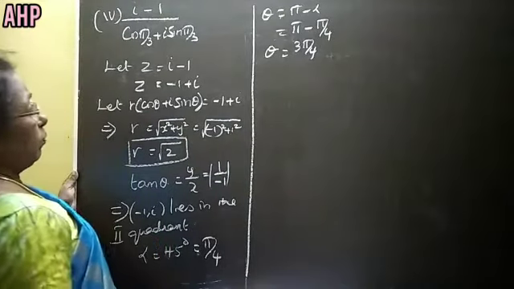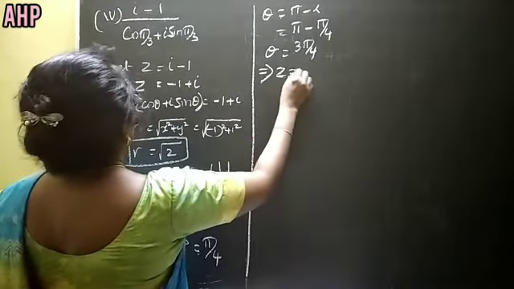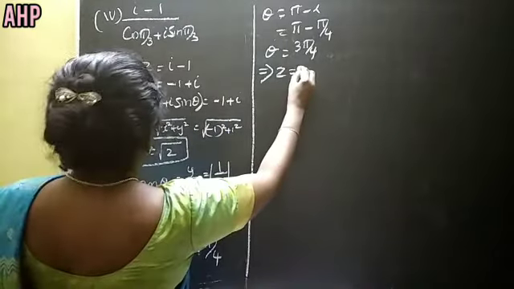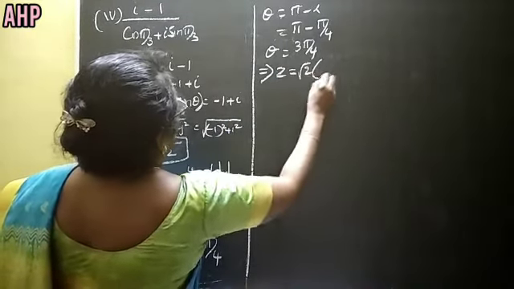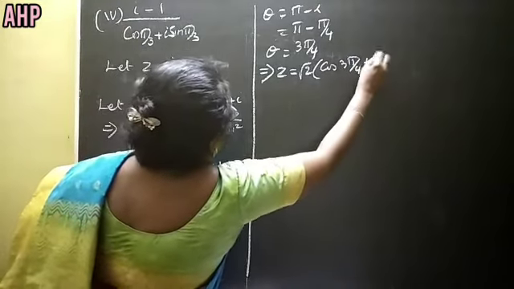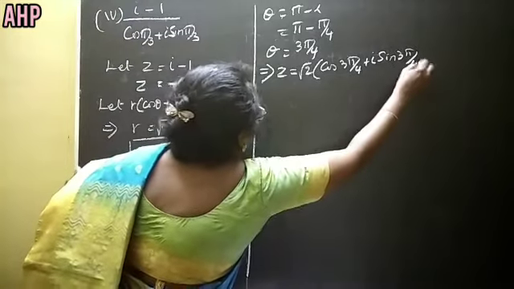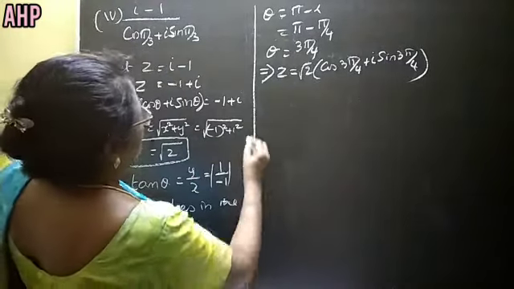Theta is equal to 3 pi by 4. So this implies Z is equal to R into cos 3 pi by 4 plus i sin 3 pi by 4, where the R value is root 2. Now to the question.